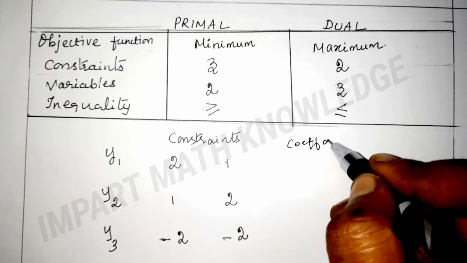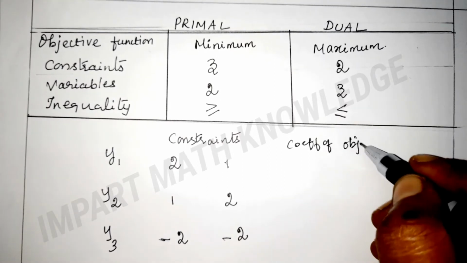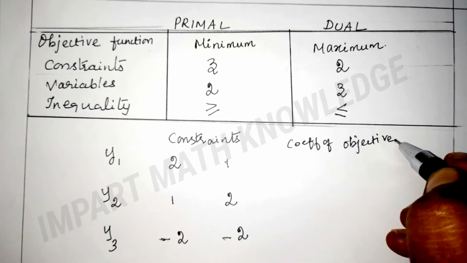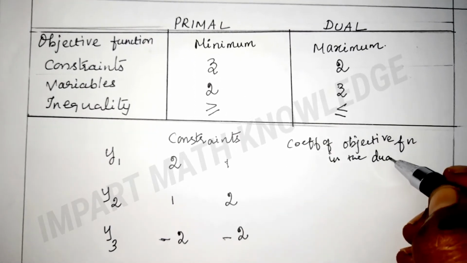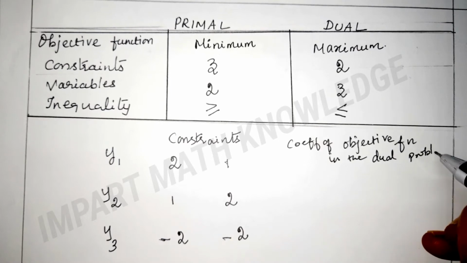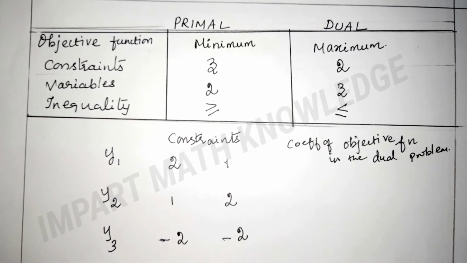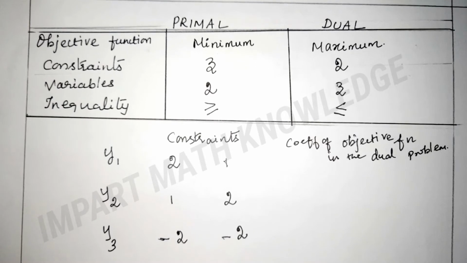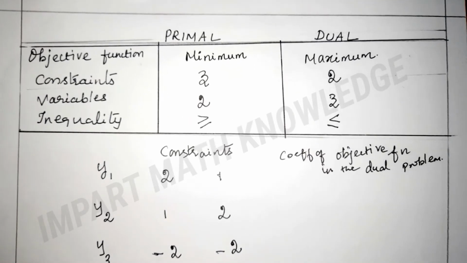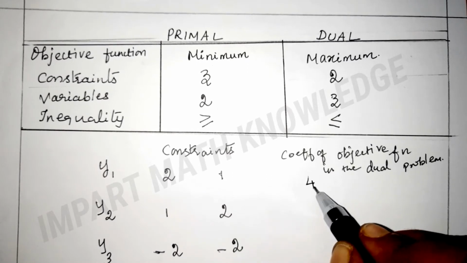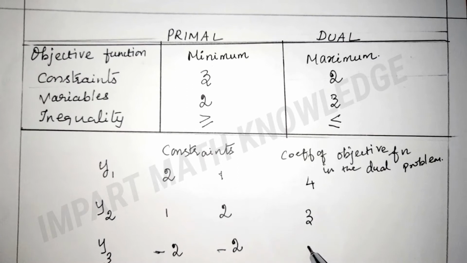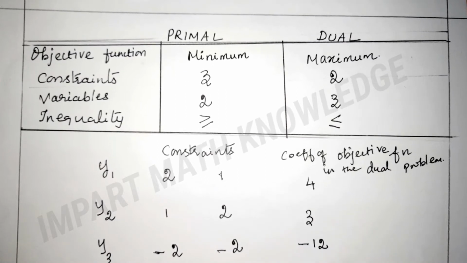Coefficient of the objective function in the dual problem. The coefficients of the objective function in the dual problem are nothing but the right hand side values of the primal problem. So the right hand side values are 4, 3 and minus 12.